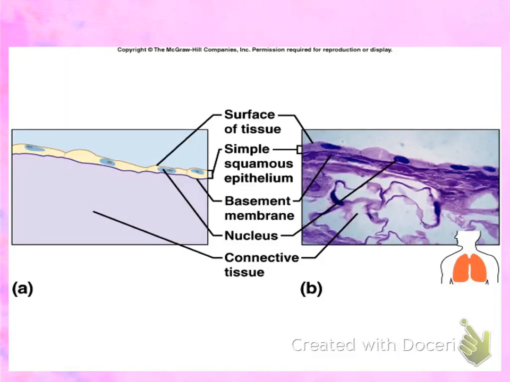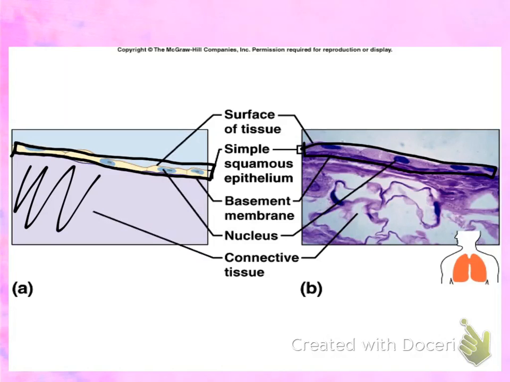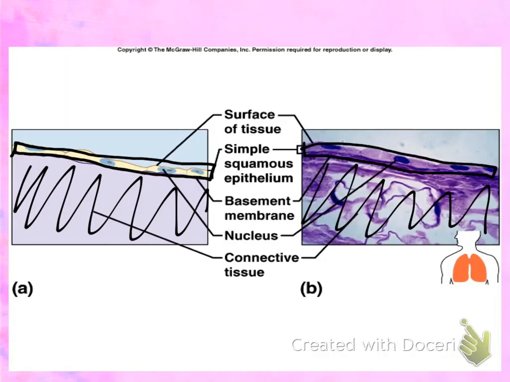Here is a diagram on the left and an actual picture on the right of the simple epithelium. And note that the epithelial portion of this tissue is right here. This is the only portion that is the actual epithelium. The rest of this material here is actually connective tissue and not part of the epithelium.